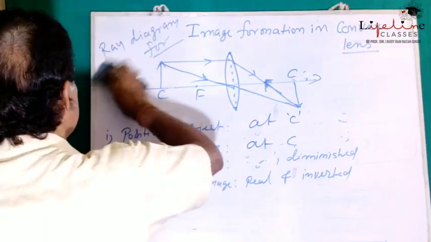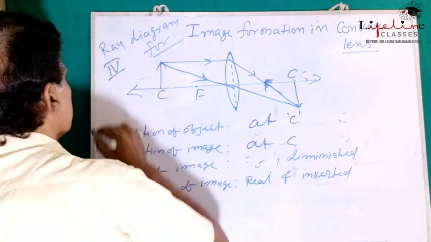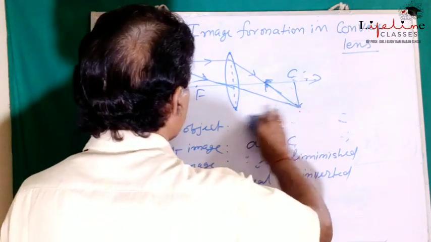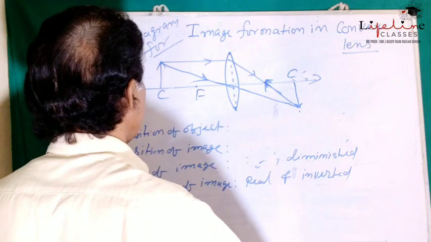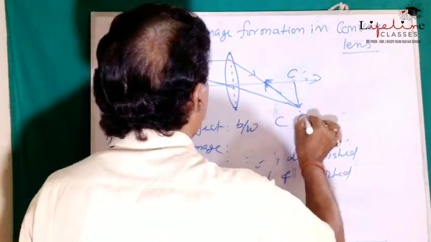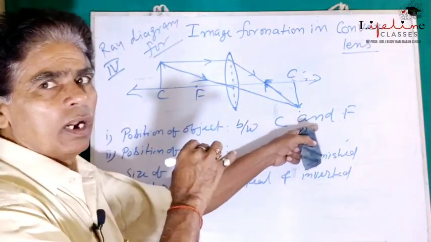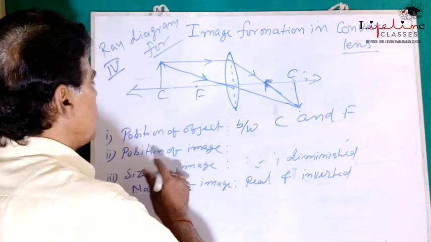Now we come to the fourth case. Where is the object? The object is now placed between C and F, center of curvature and focus. So where will be the position of image?